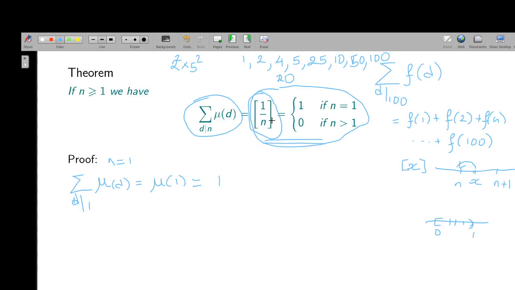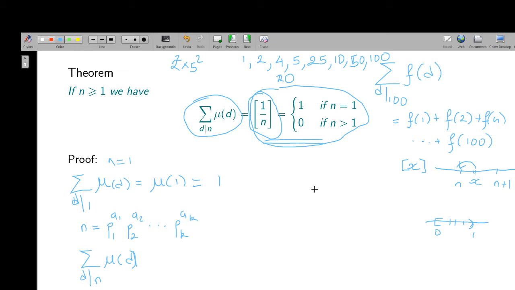Now what happens in the other cases? Suppose n is greater than 1, then we know that n has a prime factorization, say p1 raised to a1 into p2 raised to a2 up to pk raised to ak. So summation d divides n mu of d. Now what are the divisors of n going to look like?